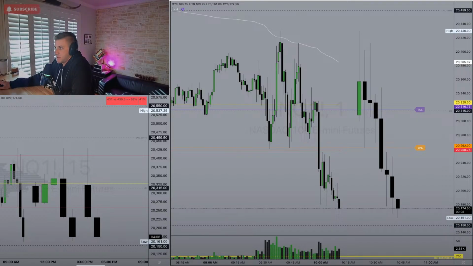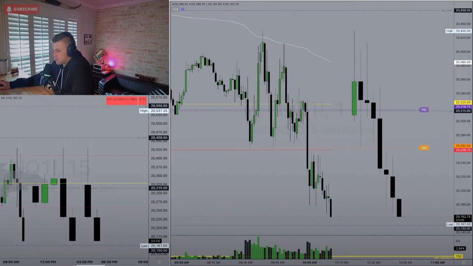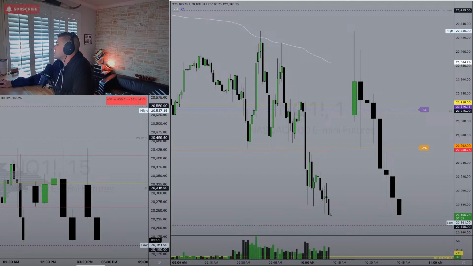All right, here comes 2150 session low, currently 161. Yeah, just some drift here. Not that nice velocity action that we like.